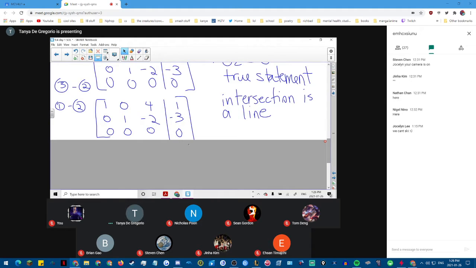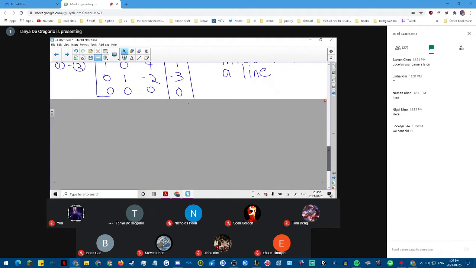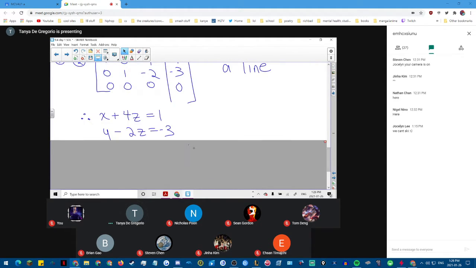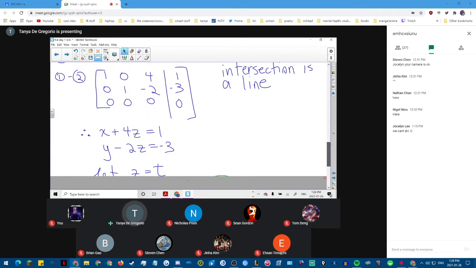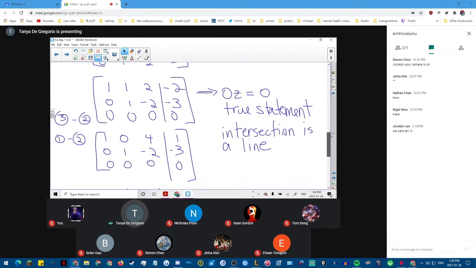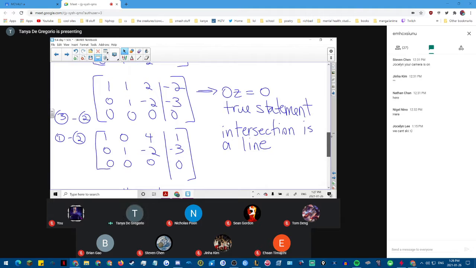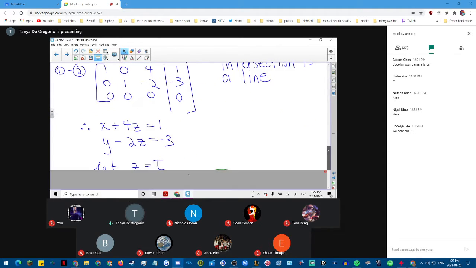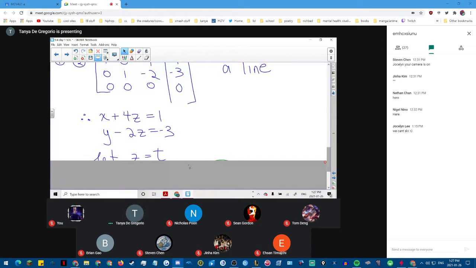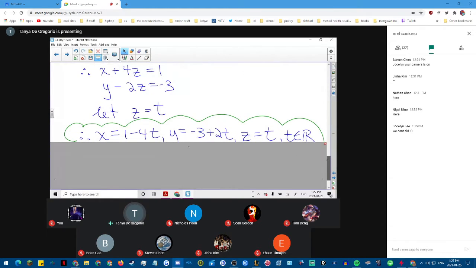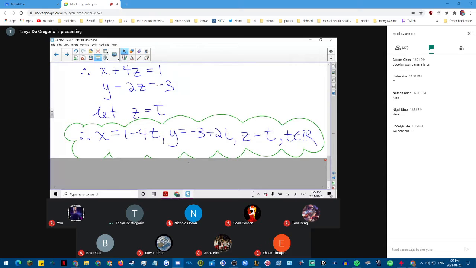Do you guys see that? From here, I have y equals 2z minus 3, and z is equal to t. Okay, so there you have it: x equals 1 minus 4t, y equals negative 3 plus 2t, and z equals t.